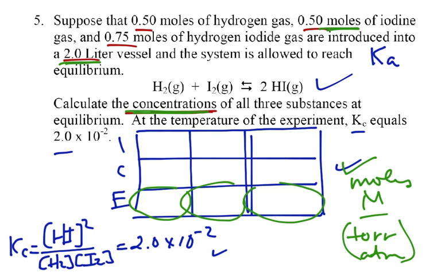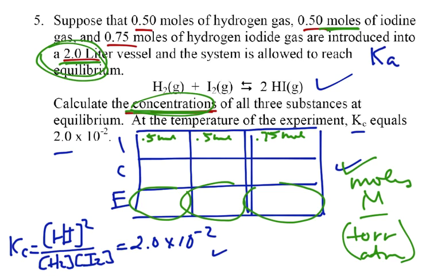So we could start by saying I have 0.5 moles of hydrogen, 0.5 moles of iodine, and 0.75 moles of hydrogen iodide, work out our ice box, and when we get done, divide by 2 liters because it's asking for concentration.